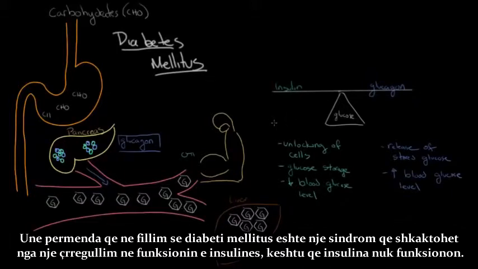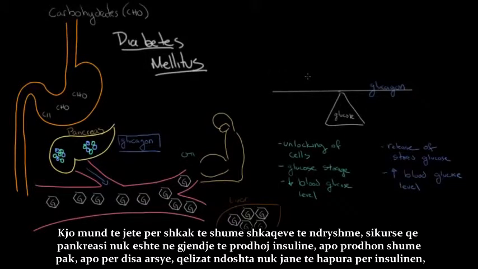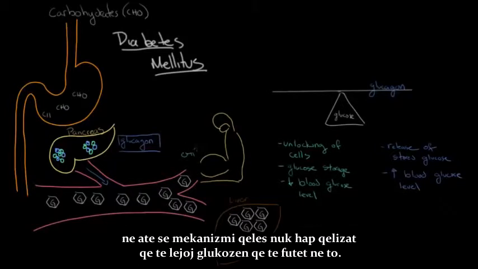And in a sense, the insulin just doesn't work. Now, this may be due to many different underlying causes, such as the pancreas here not being able to produce the insulin. The pancreas may just be producing too little insulin, or for some reason the cells may not be receptive to the insulin, and since that key mechanism doesn't unlock the cells, the glucose can't get in.